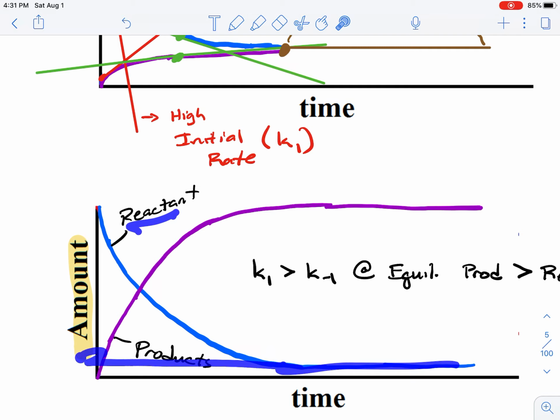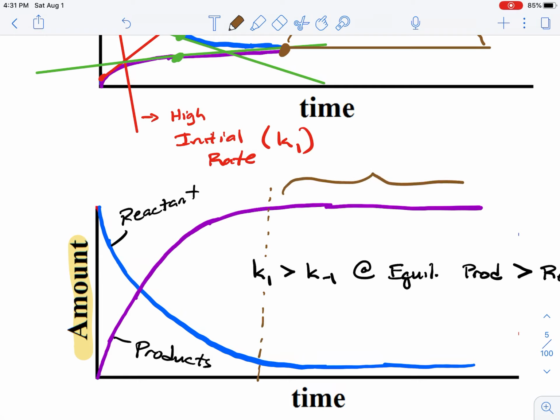So we have a lower amount of reactants once equilibrium has been reached. I'll mark it off with a horizontal line, maybe a dotted line. And this is where the system is at chemical equilibrium.